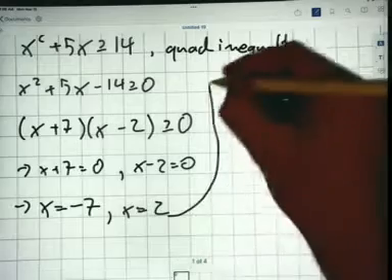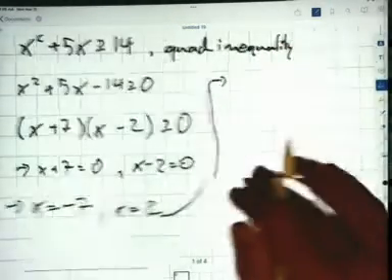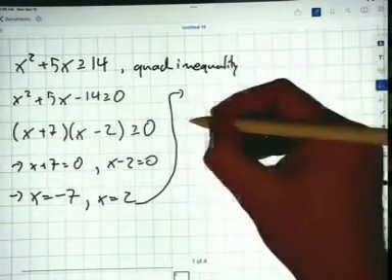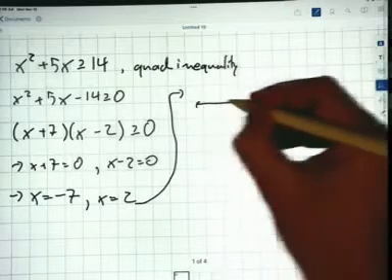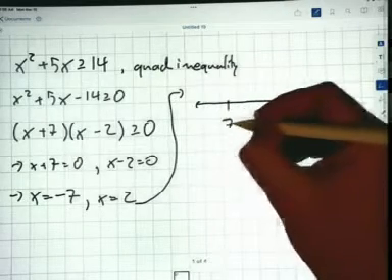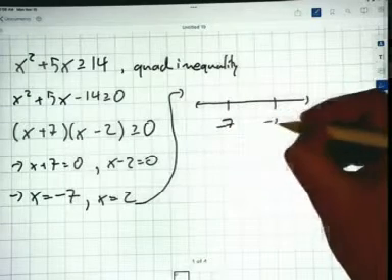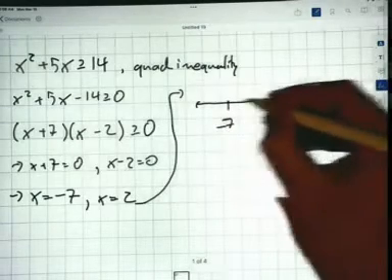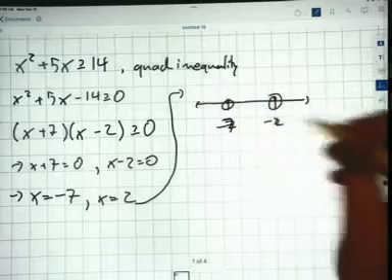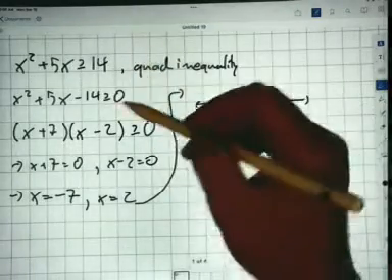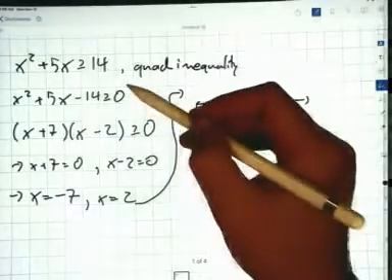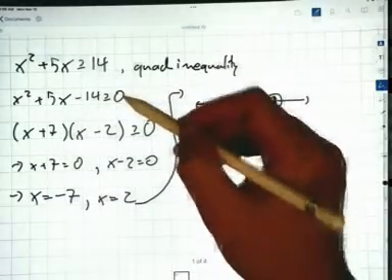And then what I'm going to do with that information is plot it on a number line. Now, we want to know when this function is greater than or equal to 0.